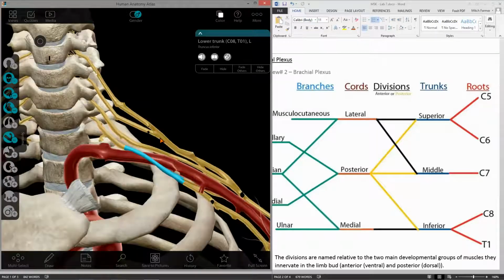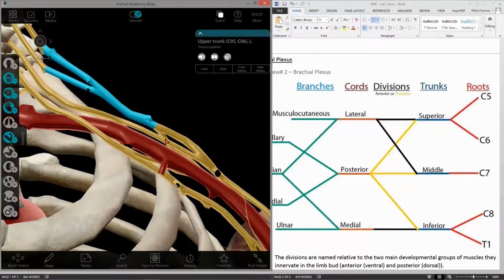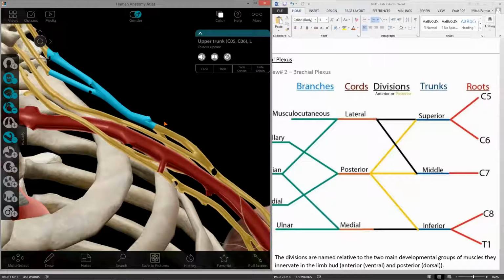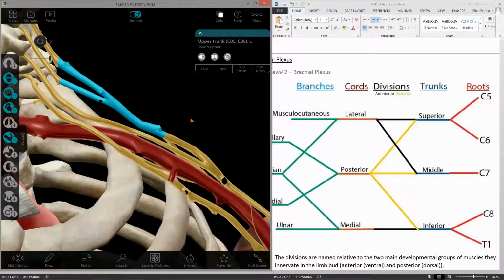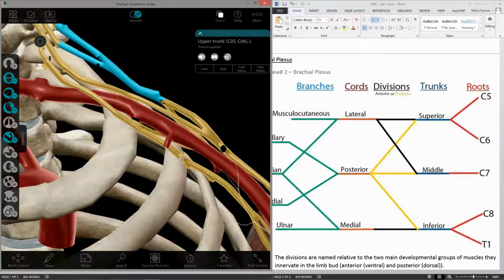Now, each one of those gives off an anterior and a posterior division. So each one is going to split into two things. The upper is going to join with the middle anterior. So the upper gives off the anterior, and then the middle gives off the anterior, and that'll go on to form the lateral cord.